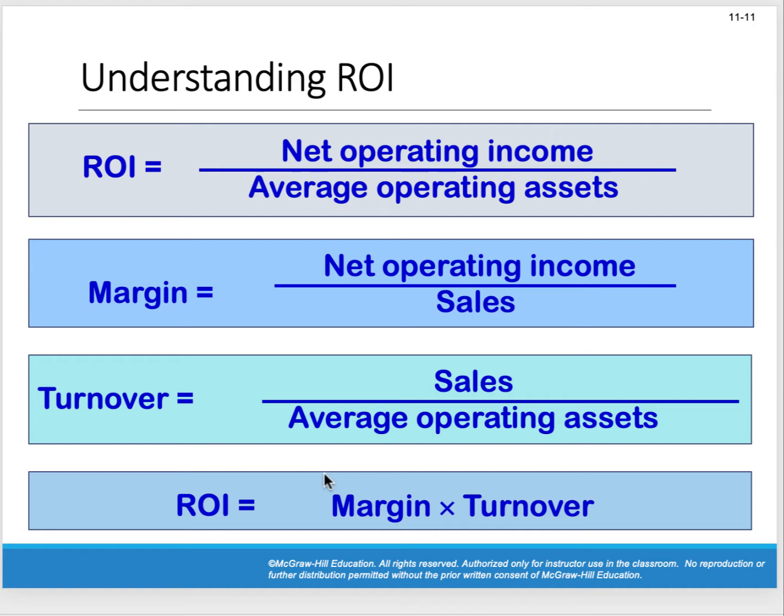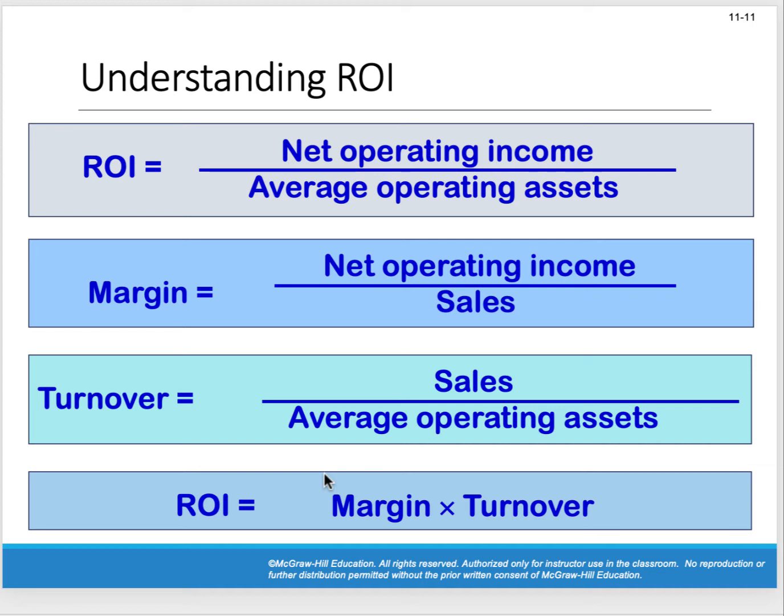So what's margin? Well, basically, we're trying to figure out how much net operating income we get from our sales, right? To calculate that, we just take our net operating income and we divide by our sales. That gives us our margin. Turnover, we're looking at how effective we are at utilizing our assets, right?